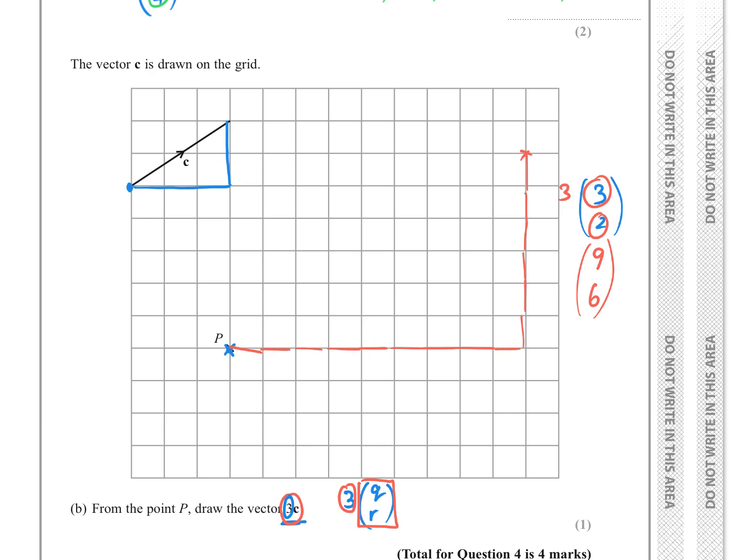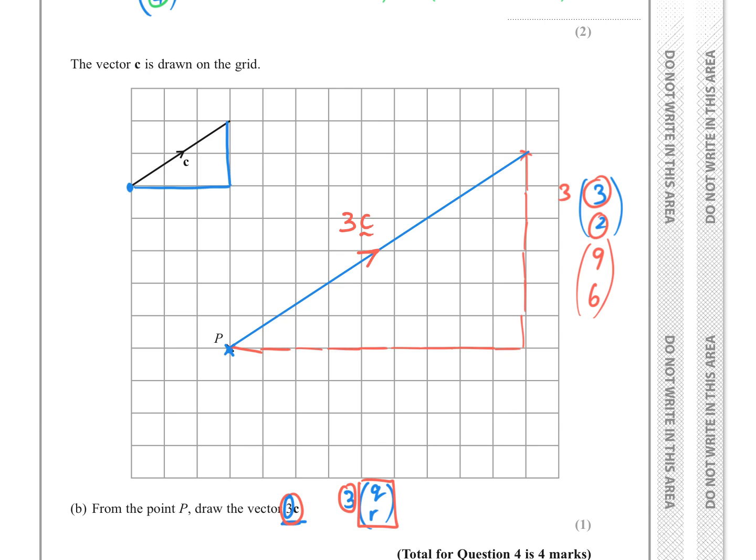Now, I'm going to try and draw a line here, I think, with this app. So let's have a look. I'll do it in this colour. So I reckon that would be my answer, and I'd label that 3C, and I'd underline that.